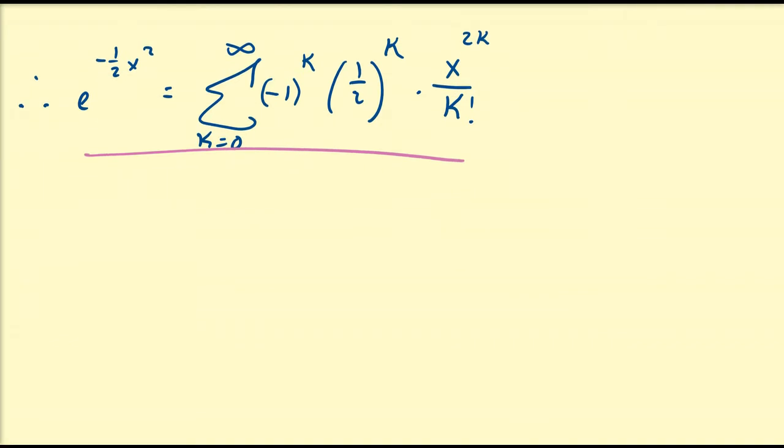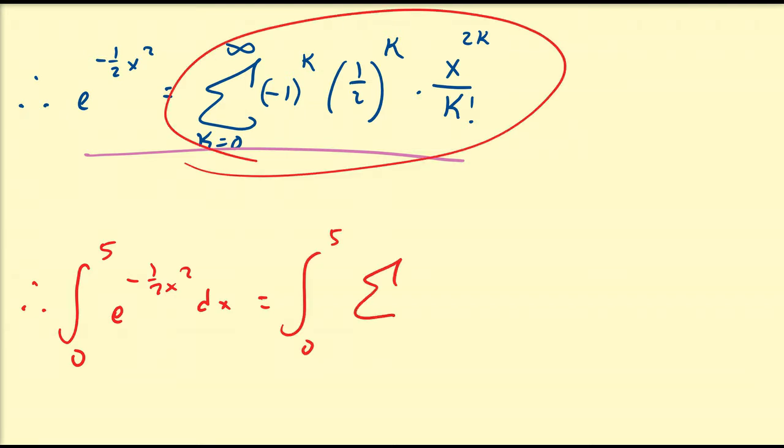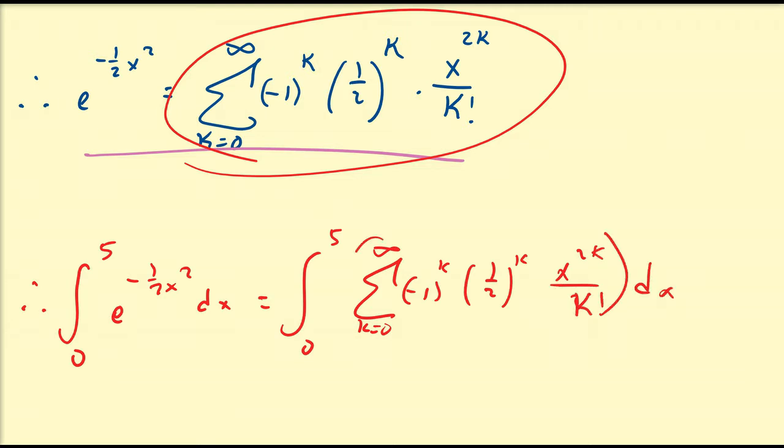Now I'm ready to find the definite integral of my desire. We have the integral from 0 to 5 of e to the minus 1/2 x squared dx equal to the integral from 0 to 5 of this Taylor series, the sum from k equals 0 to infinity, negative 1 to the k, 1/2 to the k, x to the 2k over k factorial, dx.